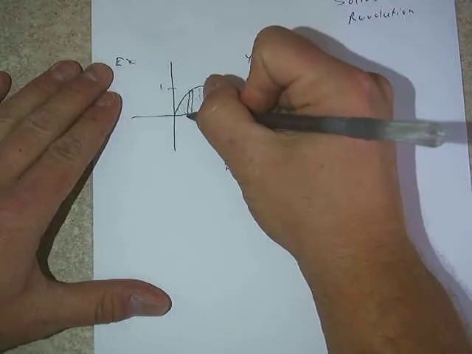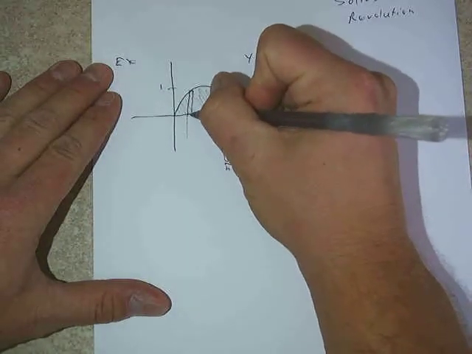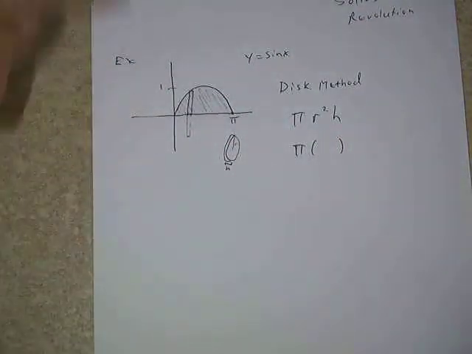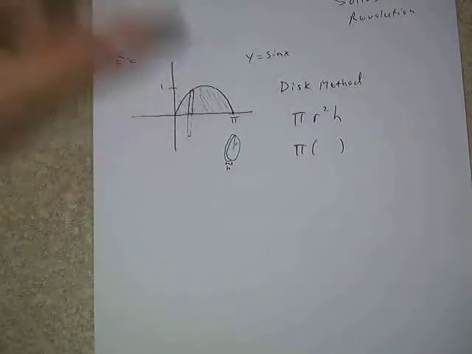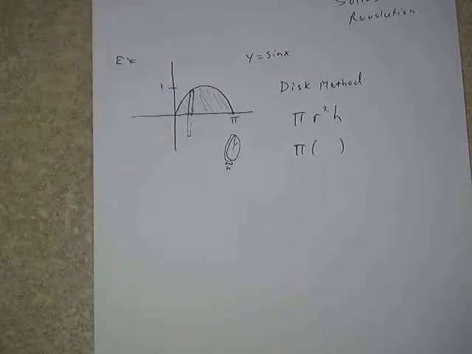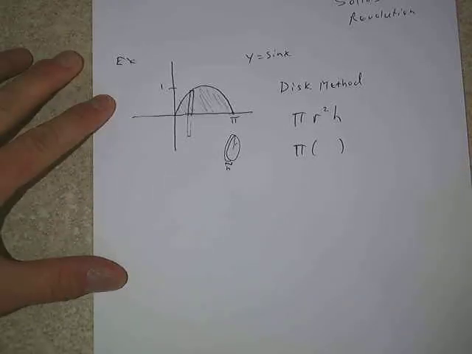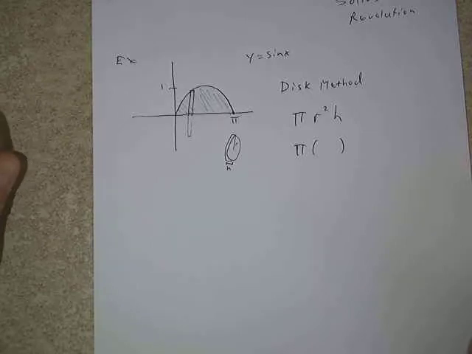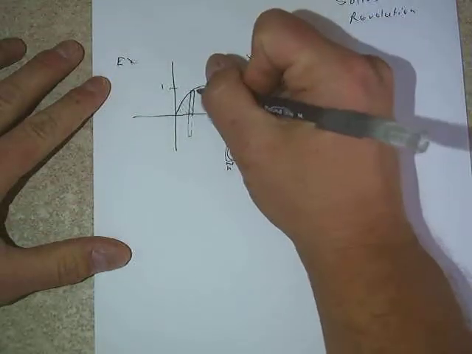So knowing that I'm going to have r squared here, if I look at this picture, remember the disk is going to come down into this area because the whole entire slice is going to be revolved around the x-axis, and so our disk would look something like that. So what is the radius of this disk is the first question. Keep in mind the height is the thickness here.